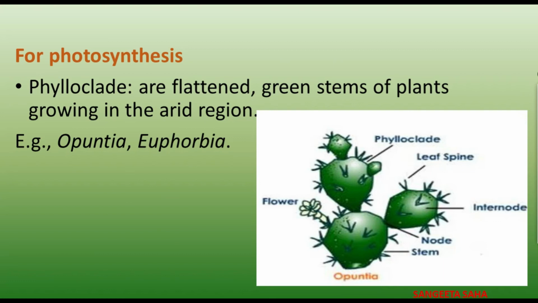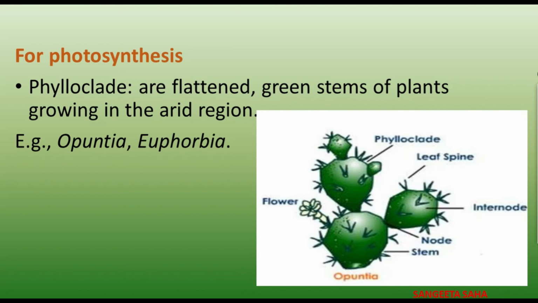Now, root is the descending axis of the plant, whereas stem is the ascending axis of the plant. We all know that roots are non-green and non-photosynthetic. There are a few exceptions, we are not talking about that. But young stems are generally green and photosynthetic.